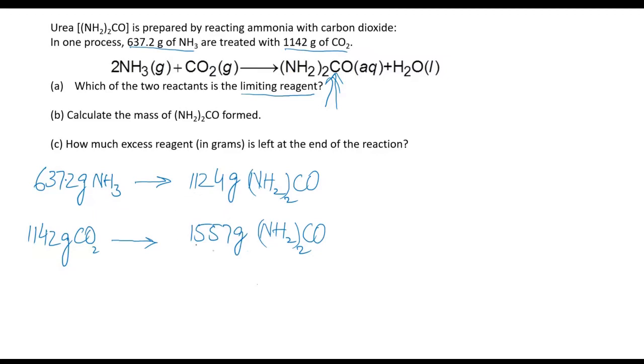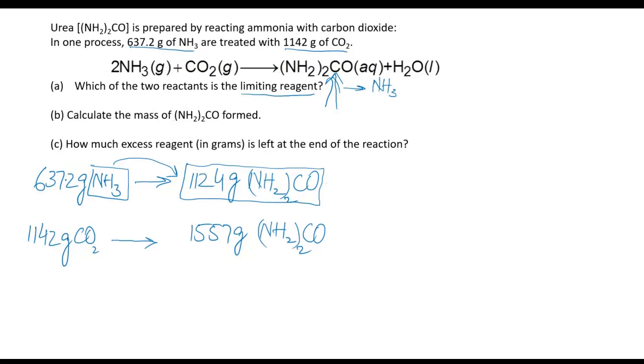This one, first one, or second one? First one, ammonia. Very good. So our first answer is ammonia is the limiting reactant because it gives you the smaller answer. So the answer of the first question is ammonia, NH3.